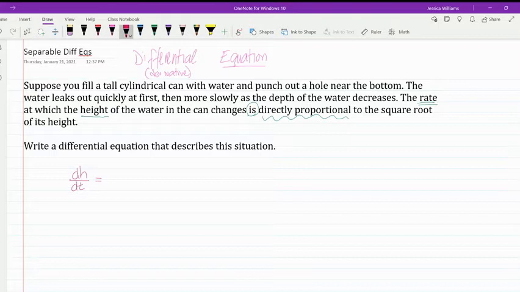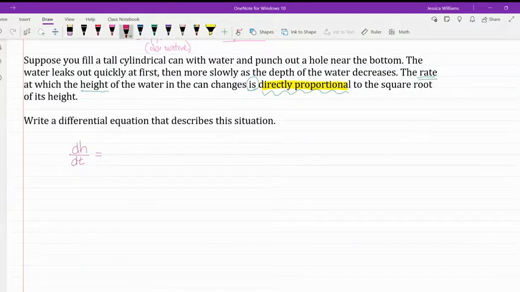Directly proportional, I'm going to skip over for a second and let's read the rest of it. So directly proportional to the square root of its height. So square root of h. Okay, that's what this differential equation looks like when all I do is take the words and translate the words into symbols.